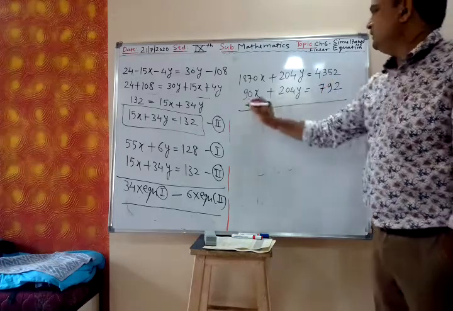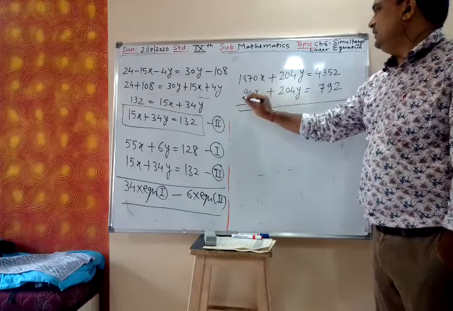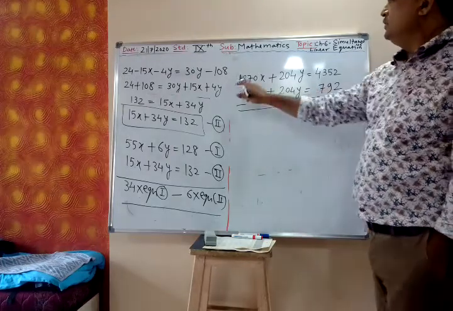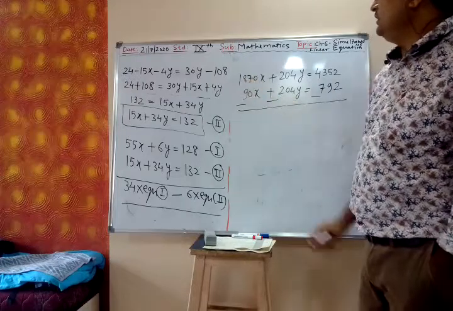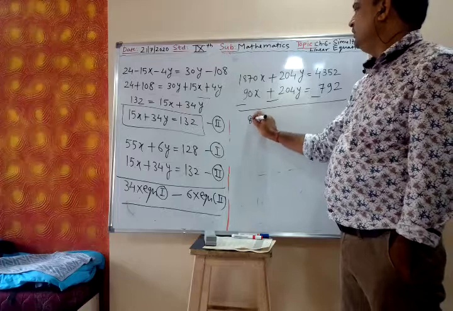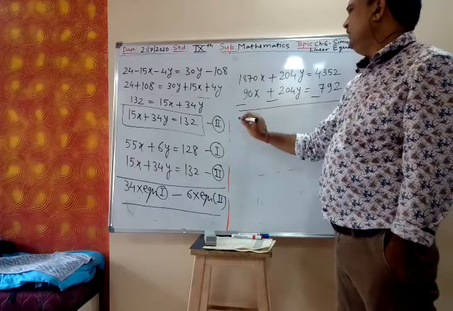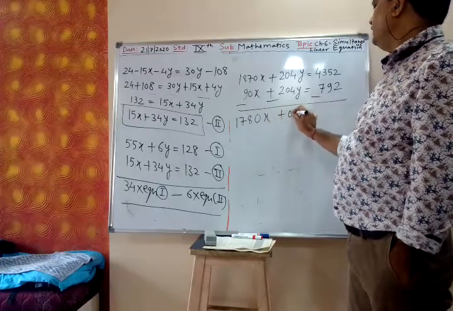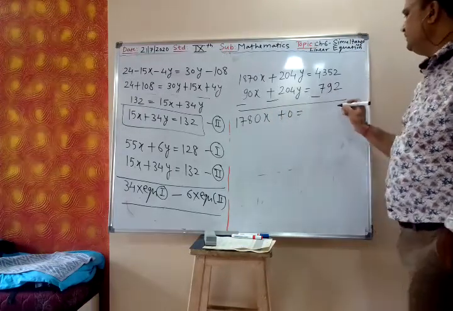Now we have to subtract, so we write minus and change the sign: plus becomes minus, plus becomes minus. So 1870 minus 90, simplify. 1780x plus 0 is equal to 4352 minus 792.